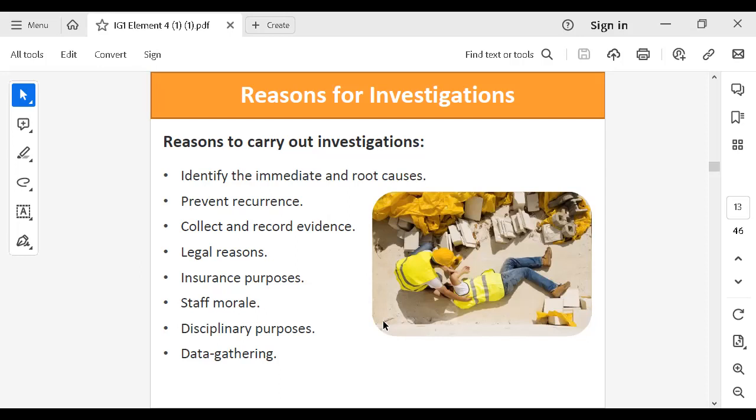When we investigate incidents, our staff morale will be high. We can also use the investigation for disciplinary purposes, to see who was at fault. And we can gather a lot of information for future use, data gathering.